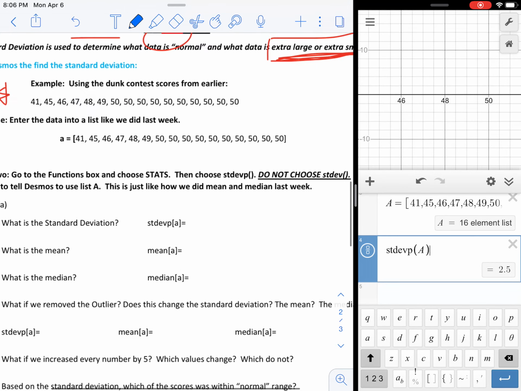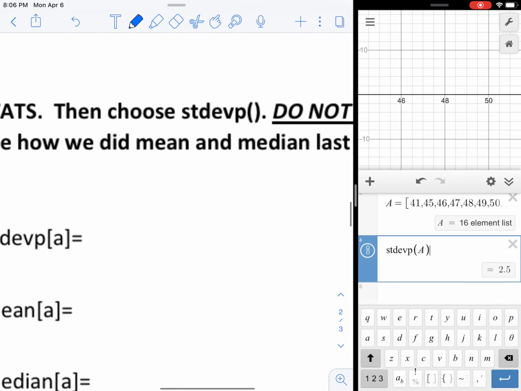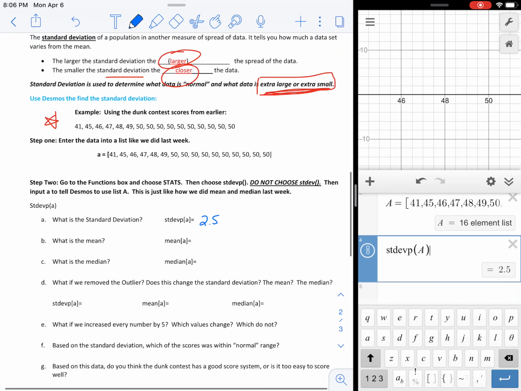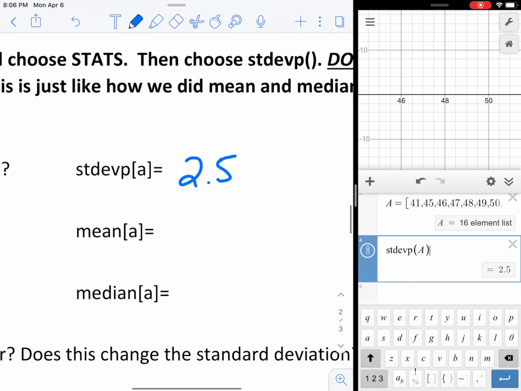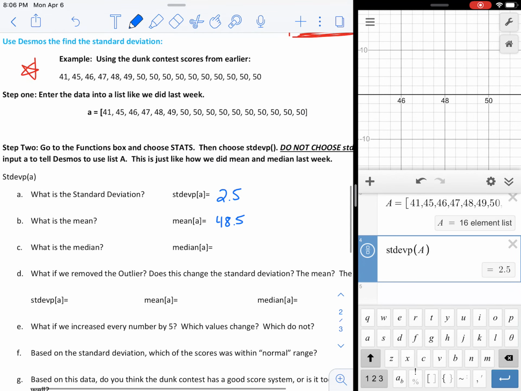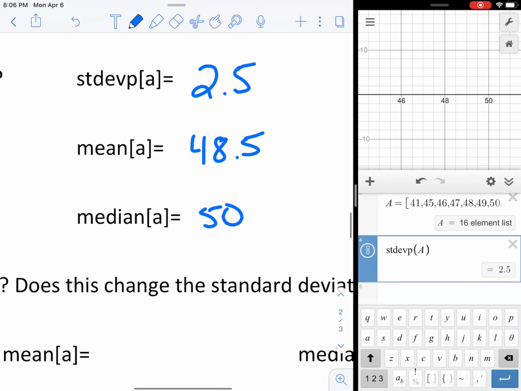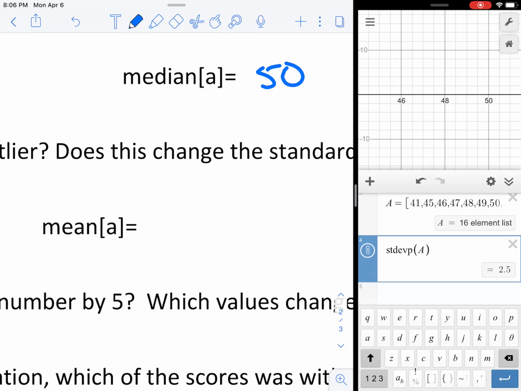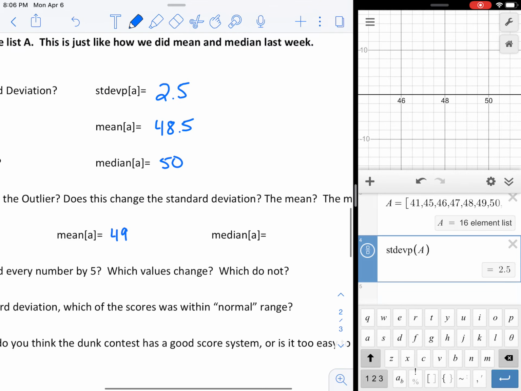Okay, so what is the standard deviation? Fill it in right down here. Standard deviation is 2.5. So give or take, the scores fluctuate by 2.5. What is the mean? Well, we already set up there. It's 48.5. Okay, and what was the median? The median was 50. What if we remove the outlier? Remember that changed the mean. The mean went up to 49.